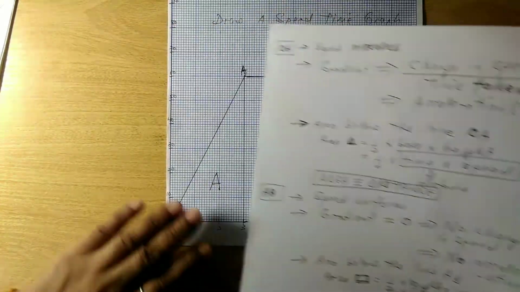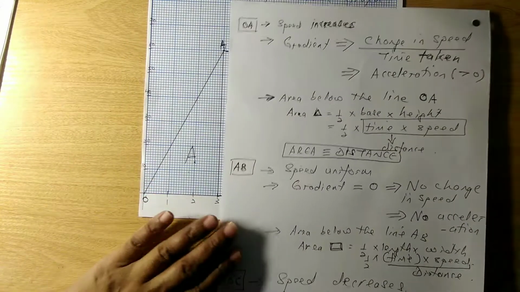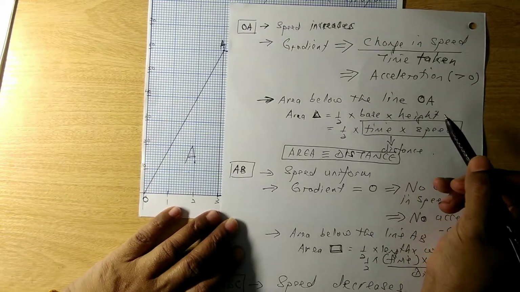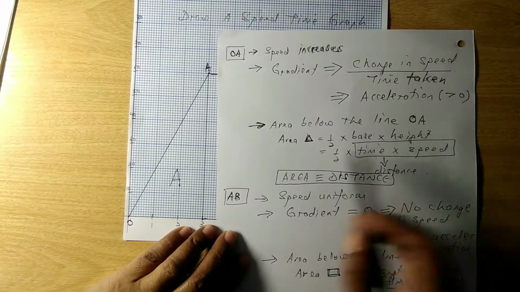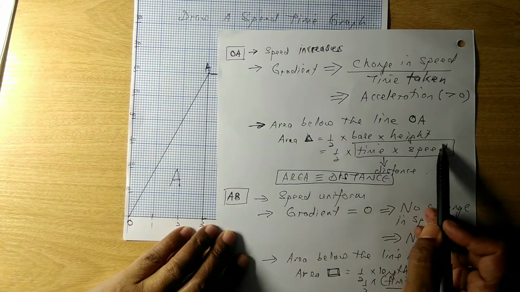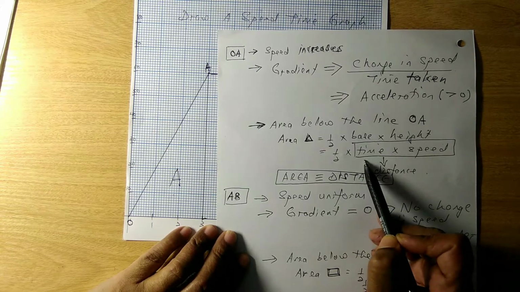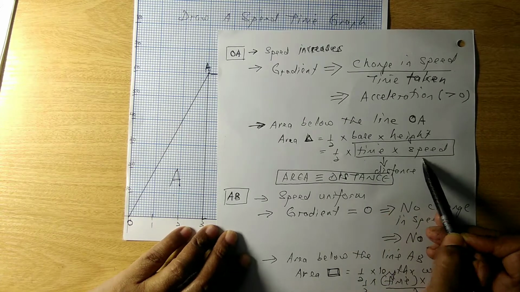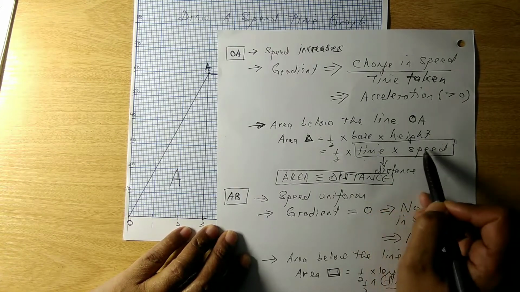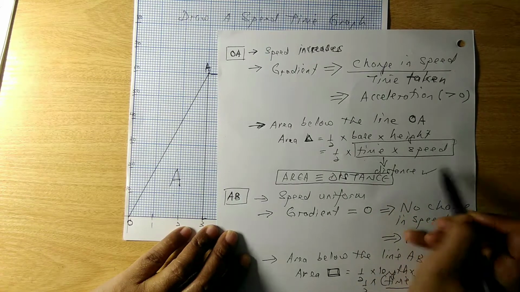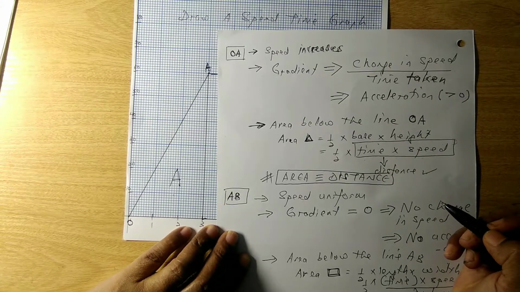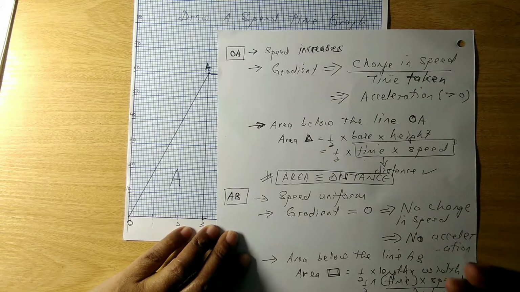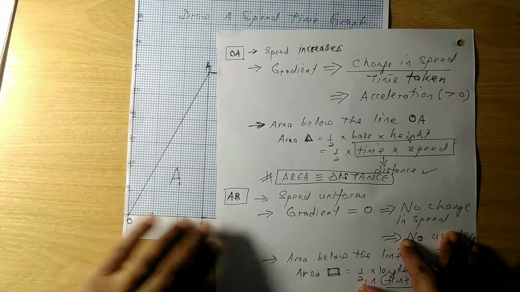For O to A, if you're talking about area, the area is a triangle, so the area is half base times height. Your base is time and your height is speed. If you notice, speed multiplied by time is distance. So that is how we got this definition: the area below the graph represents the distance traveled by the particle.